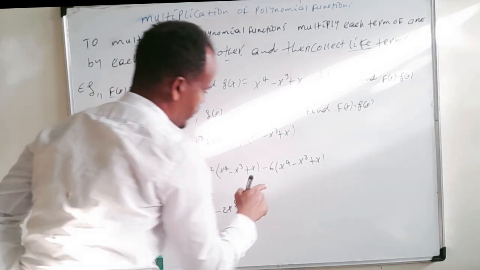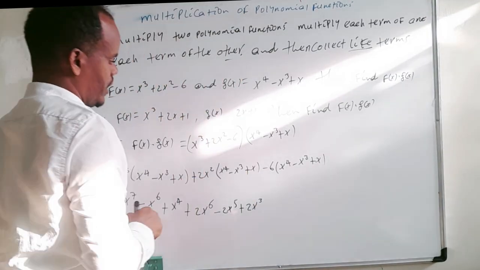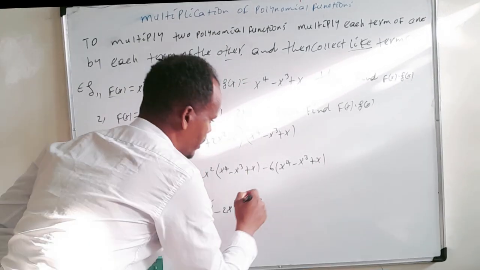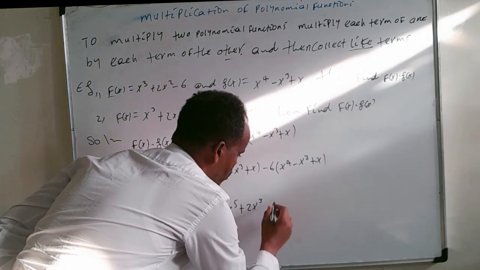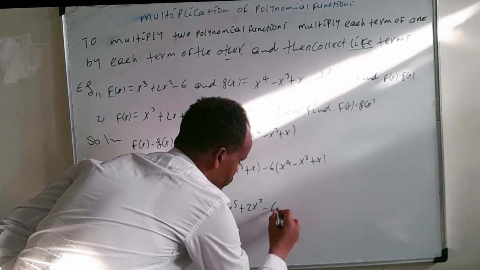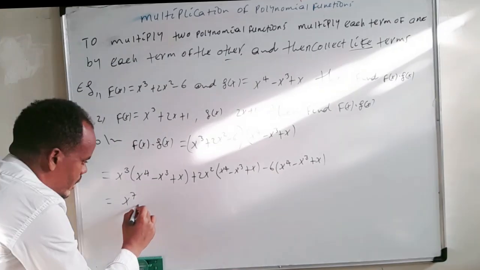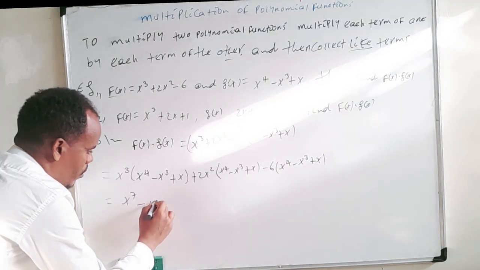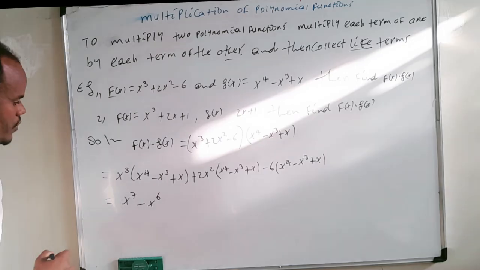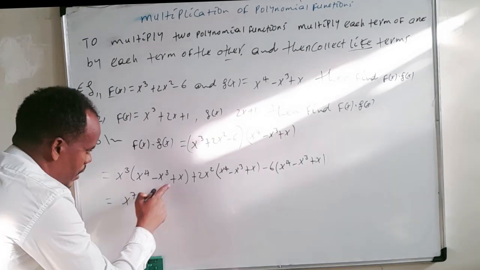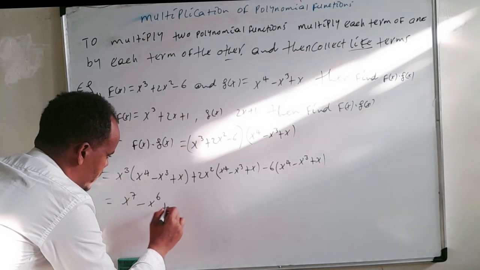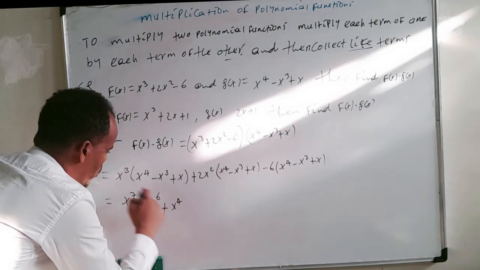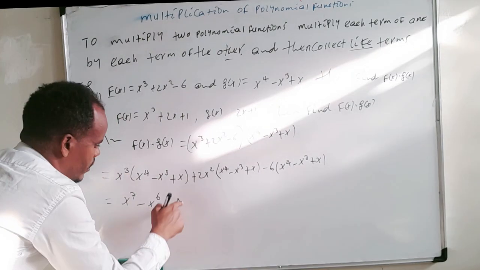The last term of the first one is minus 6 times x to the power of 4, that is minus 6x to the power of 3 minus 4. x to the power of 3 times x means plus x to the power of 4, that means 3 plus 1 is 4.